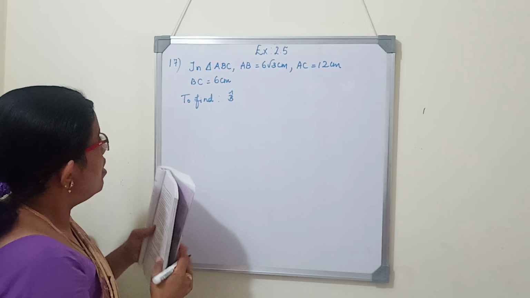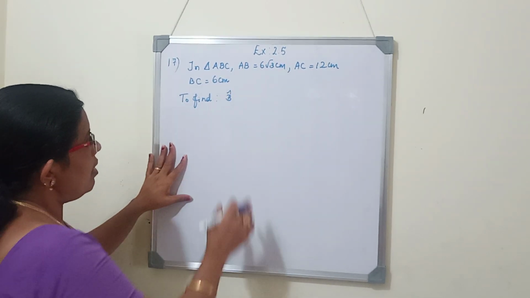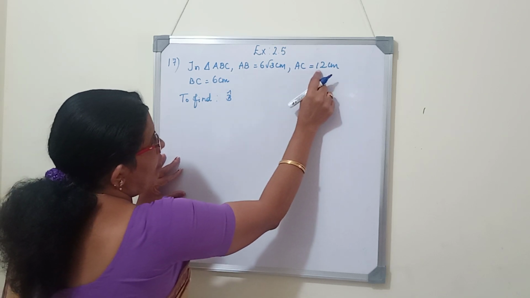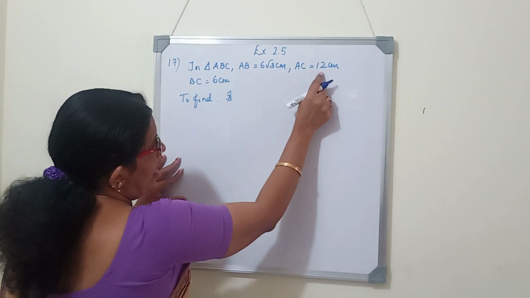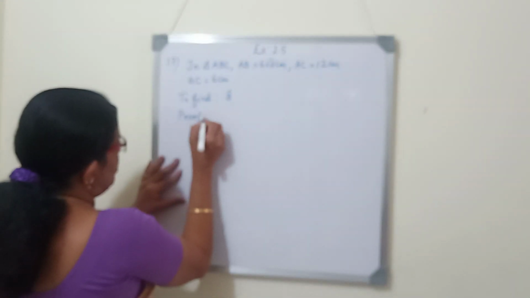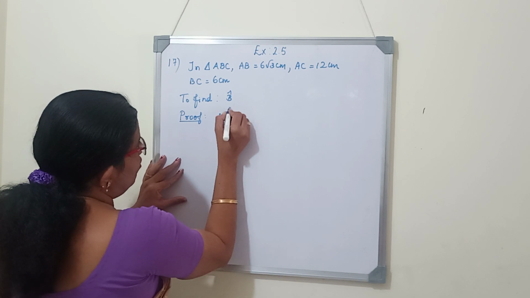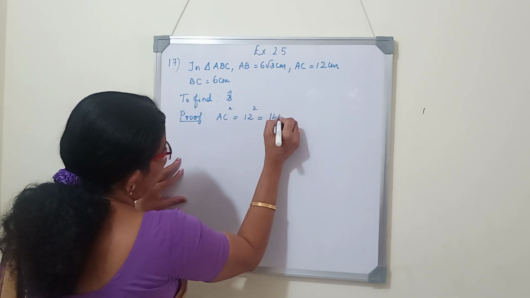So here all the 3 sides are given. Which is the biggest number? It is 12, the highest number out of 6, 6 root 3 and 12. So we will find the square of AC first. AC square, 12 square, we will get 144.